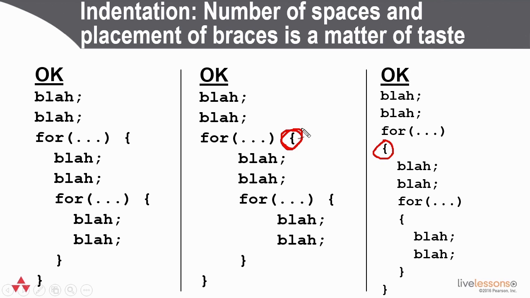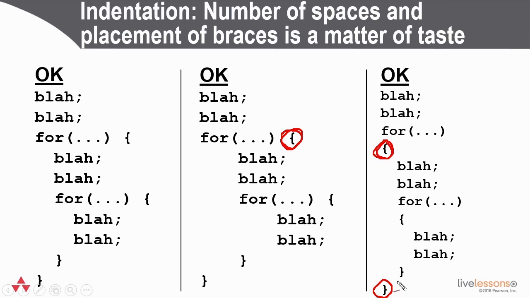That's the argument in favor of putting the curly braces on the same line as the loop or the if statement. The argument in favor of putting the curly brace on the next line is that the open curly brace and the closed curly brace line up underneath each other. Now, the people in the other camp say, well, it doesn't matter if they're underneath each other because no one looks at the curly braces anyway. They just look at the indentation, and the indentation is the same either way. Well, perhaps. But anyway, some Java programmers feel strongly about this, but there's no universal agreement.